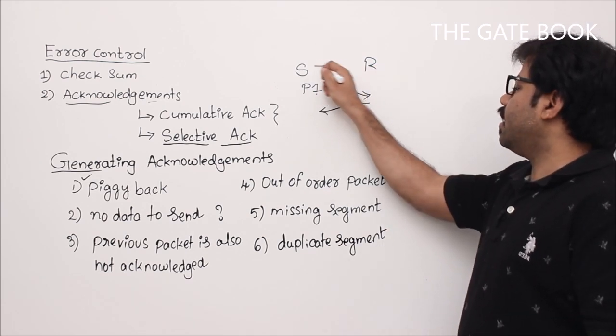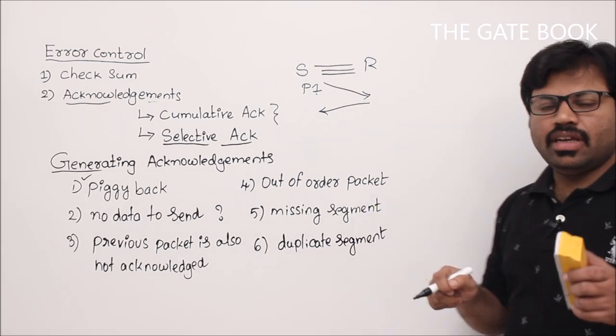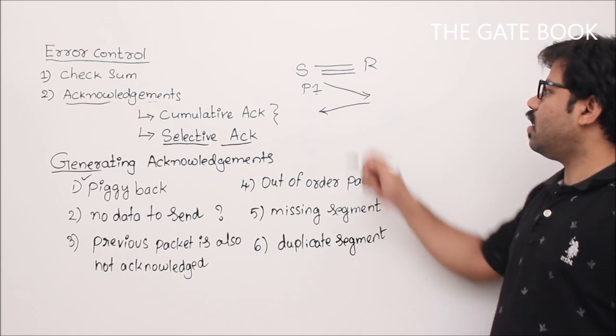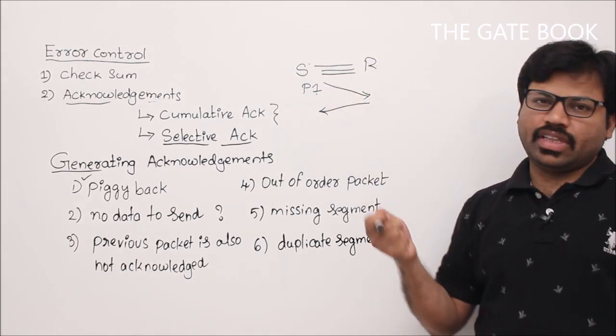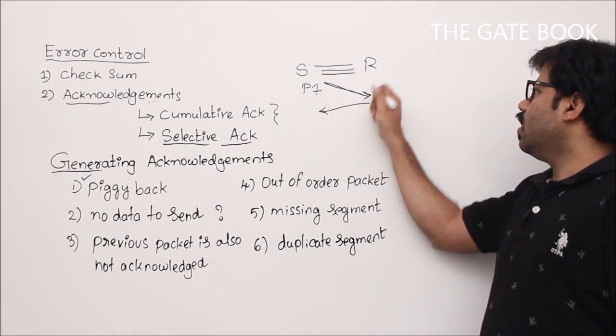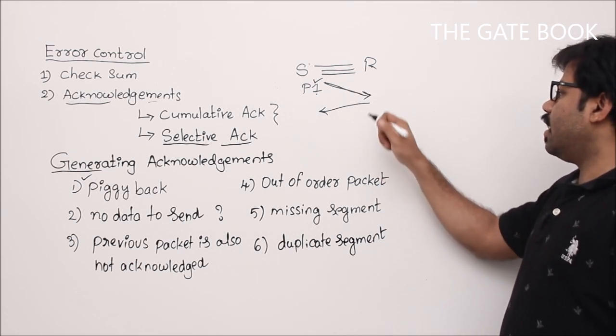Example, receiver and sender both have two-way communication. Already I told you, TCP supports full duplex communication. Assume that sender and receiver both have data. Whenever the sender's packet is properly received and the receiver is expecting P1 only, then immediately he will send data.